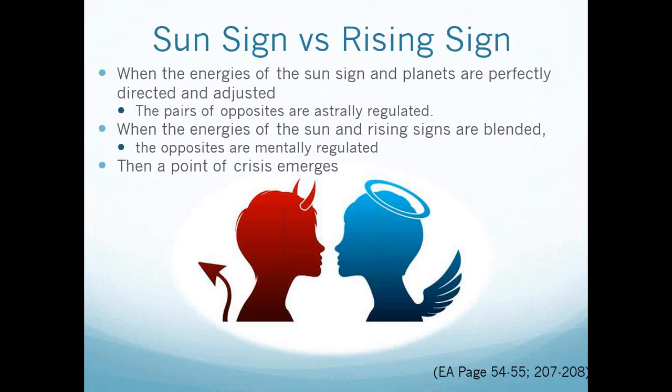When the energies of the sun and rising sign are blended, the opposites are mentally regulated, and a point of crisis emerges. So it all relates together, and you need to keep all of this in mind as we move next month into the signs and planets and the 6 axes of the zodiac. Next month it will be Aries and Libra.